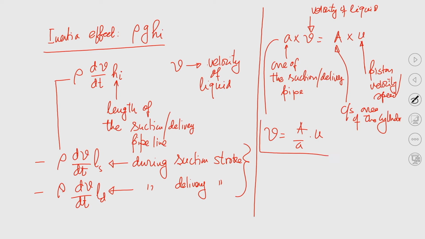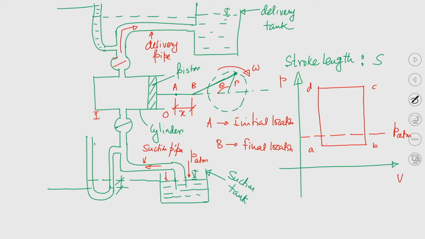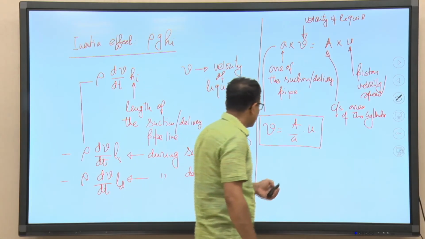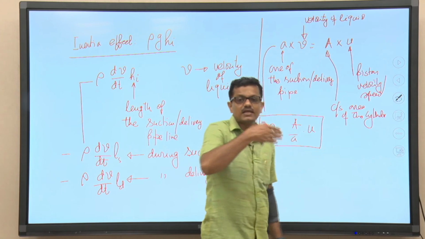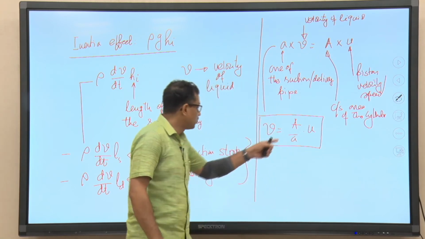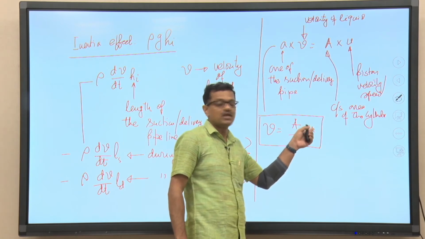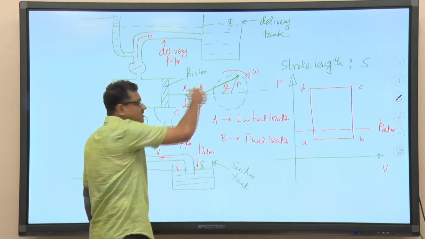Now, try to understand, till now we really do not have an explicit expression of u, rather we can try to relate this u in terms of the crank rotation and the crank angle. So, we need to somehow calculate u in terms of the crank speed. We can calculate the velocity of the piston, which is driven by this prime mover.